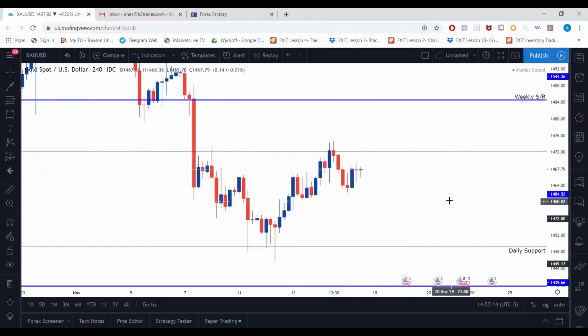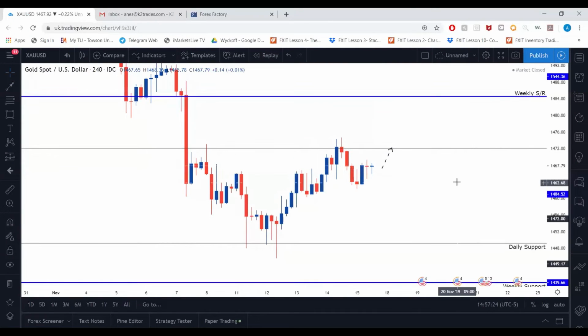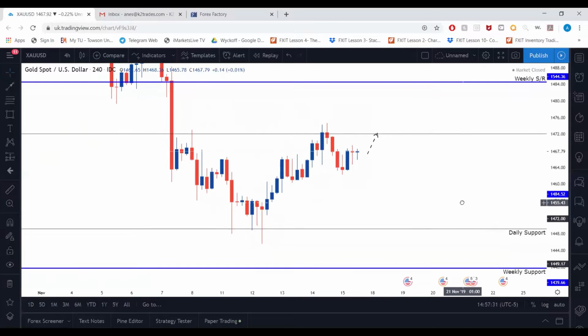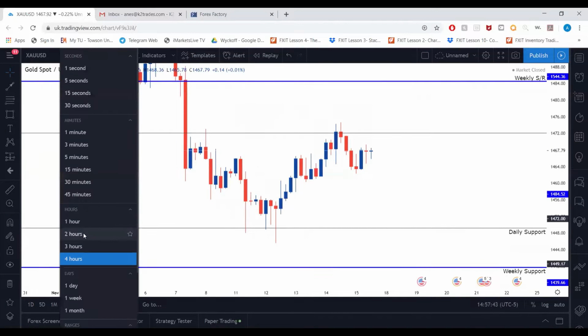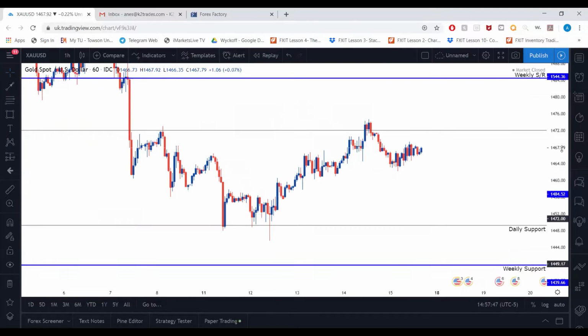If you're looking to intraday trade, I would like to see a little push here, maybe look for this double top, see if that would be a valid bearish signal for a sell to this weekly support. That could be a nice 30, 32, 33 pips trade. So it's possible if you're looking for a scalp, but I'm more looking to trade around key zones.